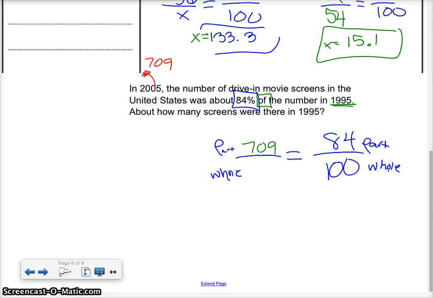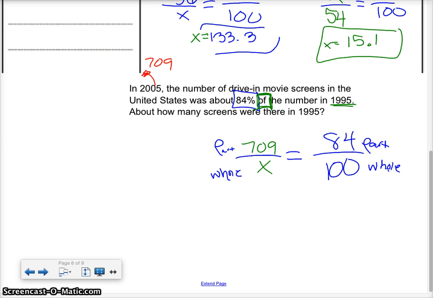Also, you can see that vocab word of, and it says the number in 1995. So of is 1995. So we're looking for that. So you can connect it to the parts of whole, or connect it to the is and of.